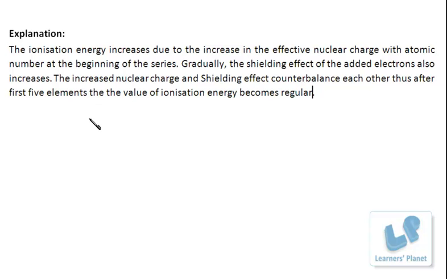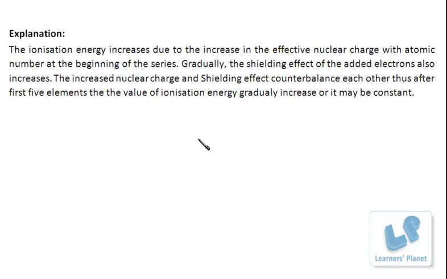Right? There is a regular increase, not a very high increase, but it becomes regular. The value of ionization energy gradually increases, or it may also become constant for a few elements.